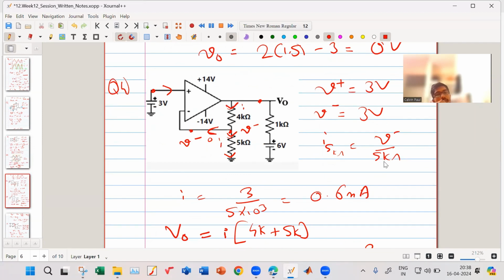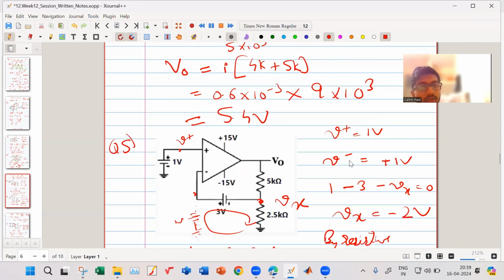From here onwards I was there. This 3 volt, anyway the bottom side will get 3 volt. So potential divider: V naught into 5 by 9 equal to 3 volt. We'll get 4 over here. V naught into 5 by 9 is equal to 4.